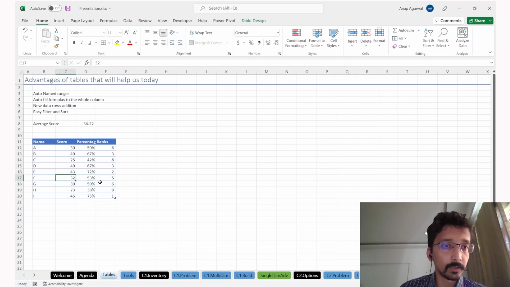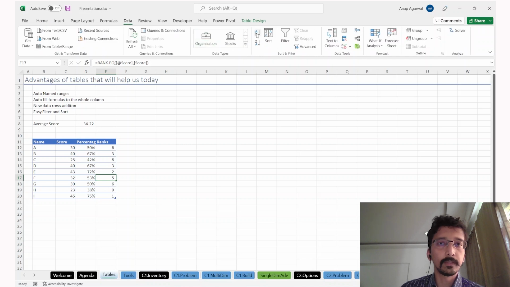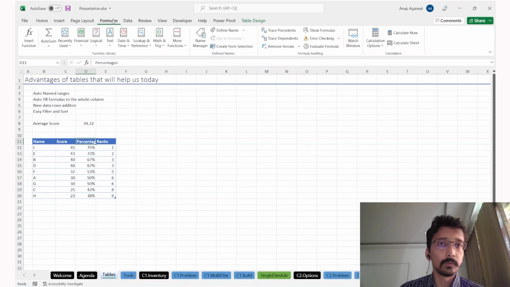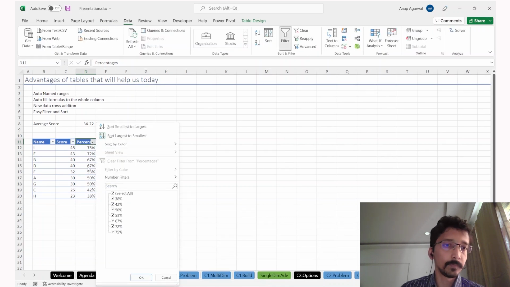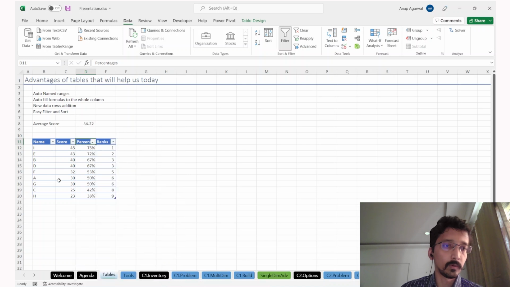Another very quick thing: because this is all in an Excel table, it's easier for Excel to recognize what the data is, what the header says. And so I can now very easily apply sort, etc. to this data. Similarly, if I use filters, it just picks up the whole range and the whole table.